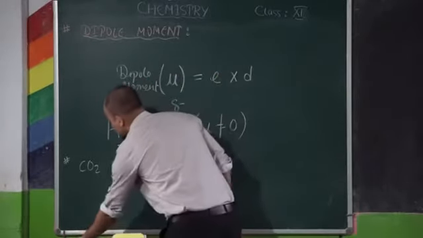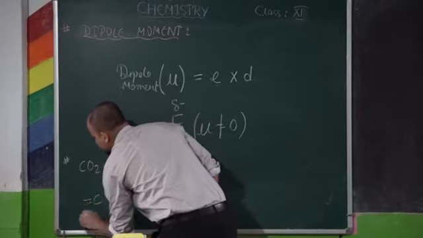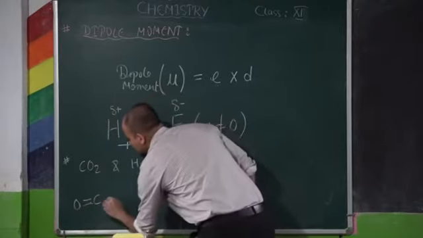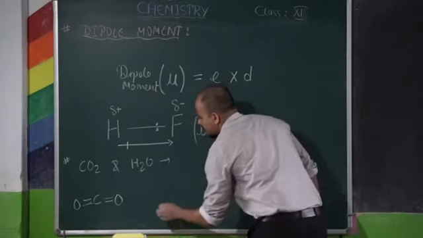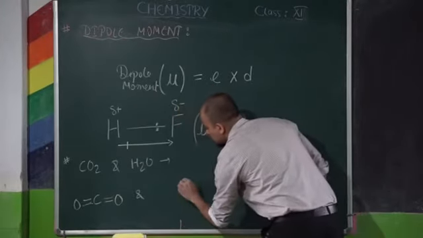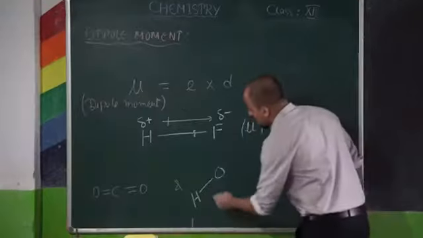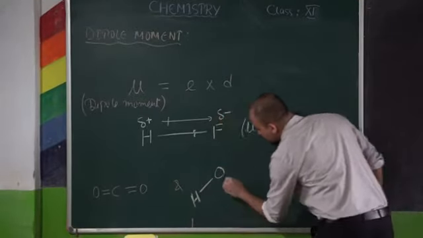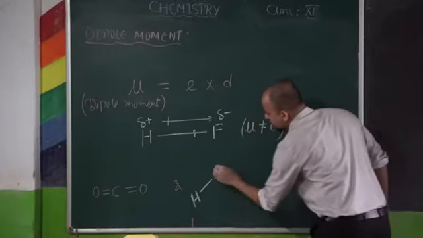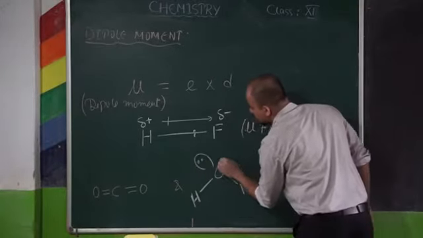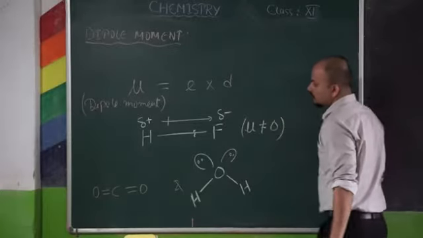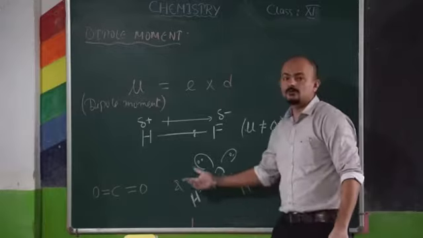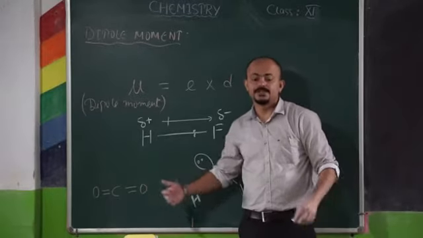In carbon dioxide, carbon is doubly bonded to each oxygen, and in water, as you know, oxygen is bonded with hydrogen, another hydrogen, and it also has lone pairs of electrons. So depending upon its structure, their dipole moment will be different.